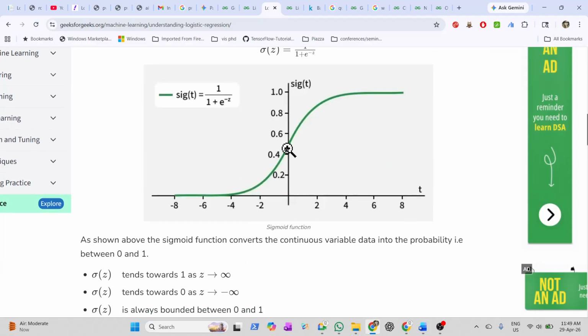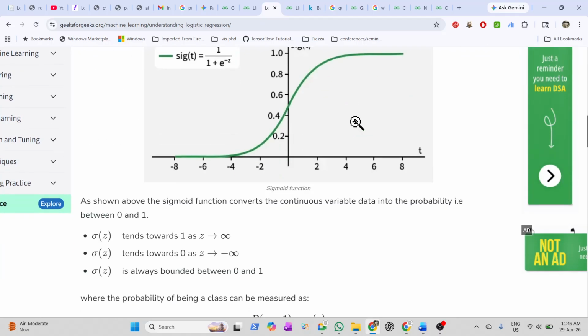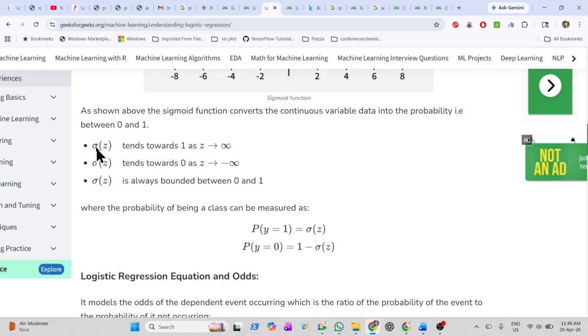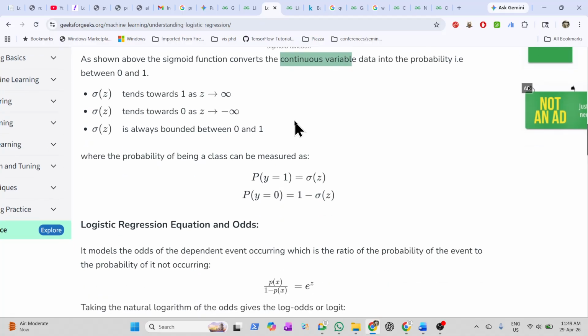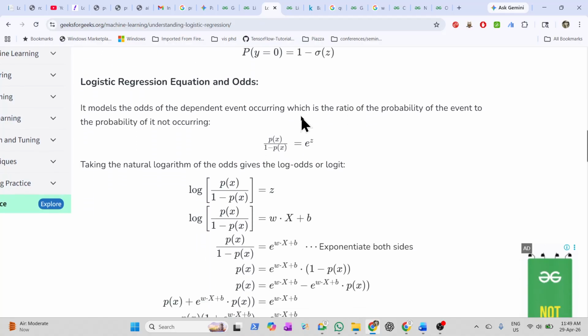And all the other data points below this go to class 1, meaning 0. So z is a continuous output, but after the application of the sigmoid function on z, we get a value between 0 and 1.